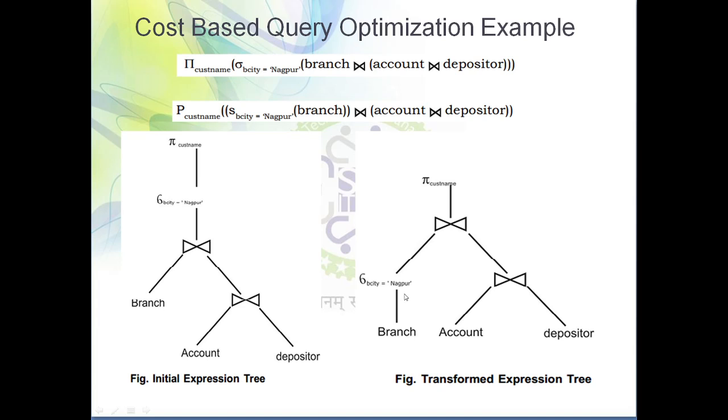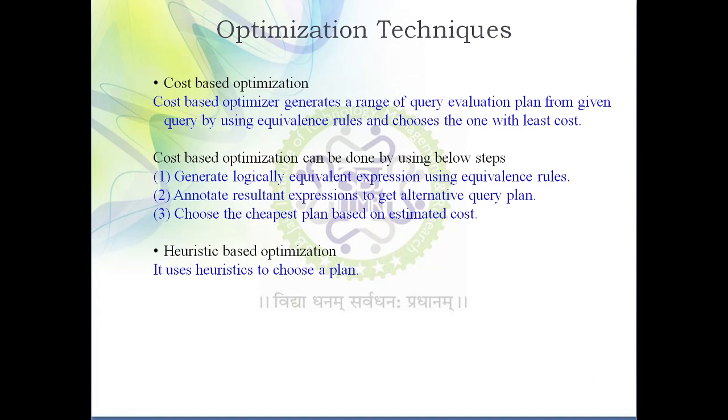As I told you, cost totally depends on the number of rows present in the table, the number of attributes you are accessing, what the different rows are, and how many tables you are referring. So these are the various parameters, but what is the ultimate parameter? It is time. How much time does it take to evaluate this query? So for cost based optimization, I'm going to select query plan 2. Your optimizer will obviously select plan number 2. Why? Because its cost is less. So this is what cost based optimization is.